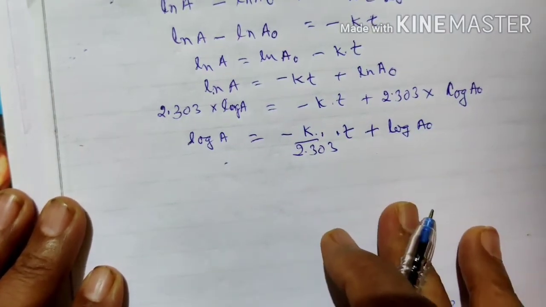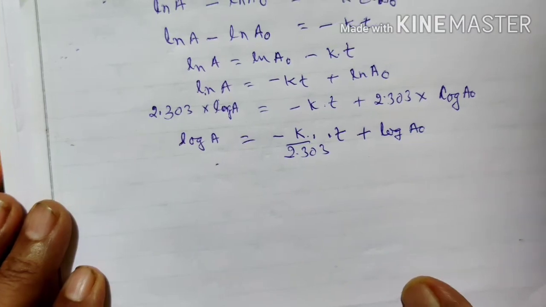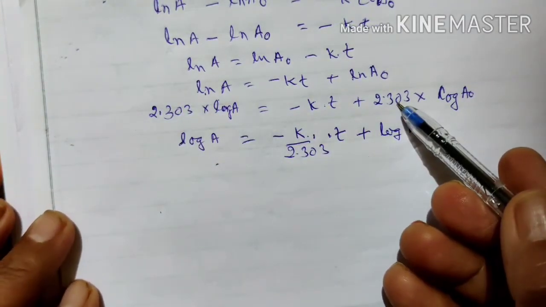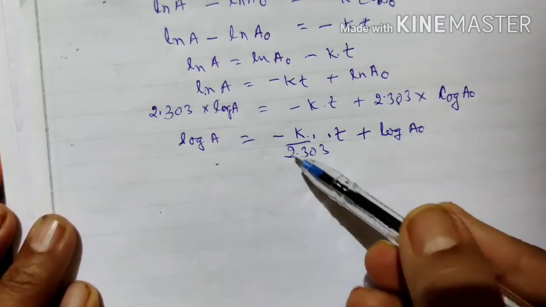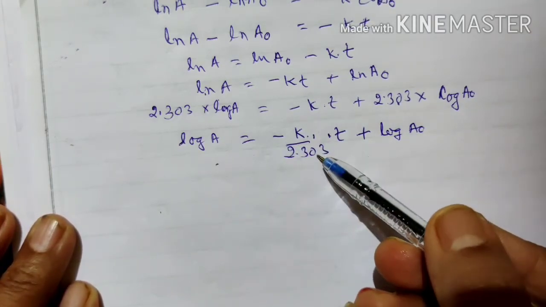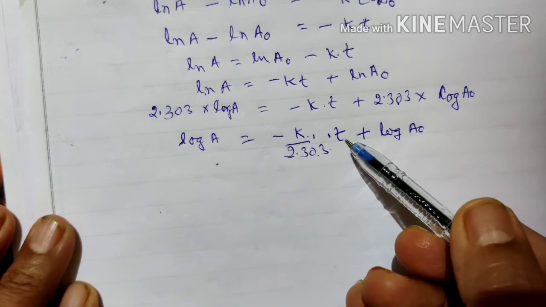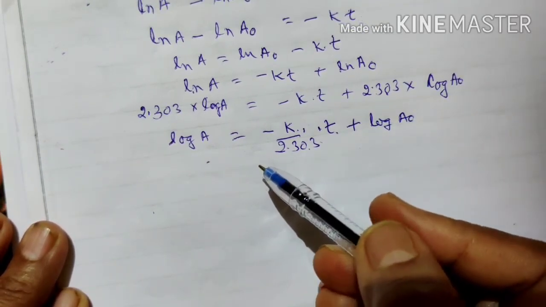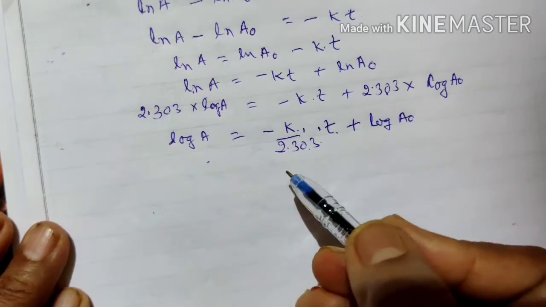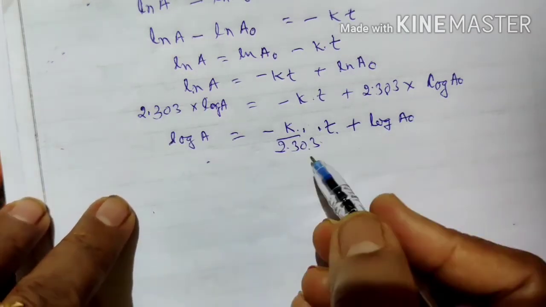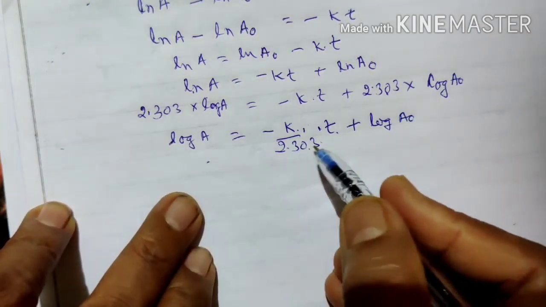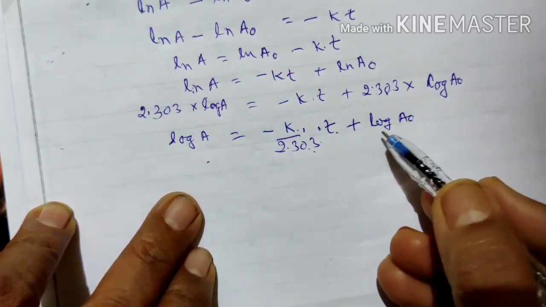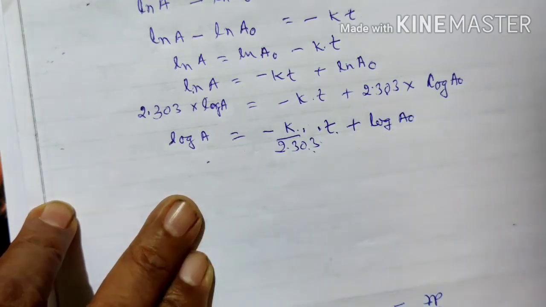You multiply the whole equation by 2.303. So this 2.303 and this 2.303 will be cancelled. And then you can write minus k upon 2.303 into t. So this is a representation of the first order reaction. So simply we can write in this way, log A is equal to minus k upon 2.303 t plus log A0.